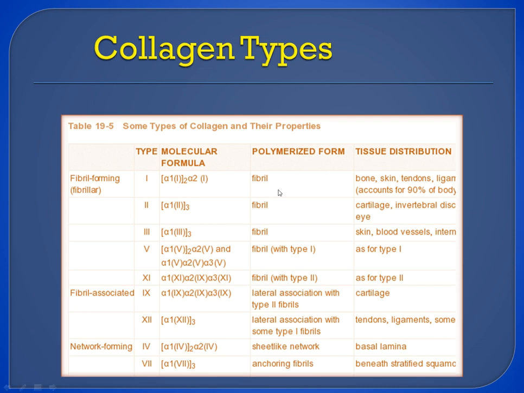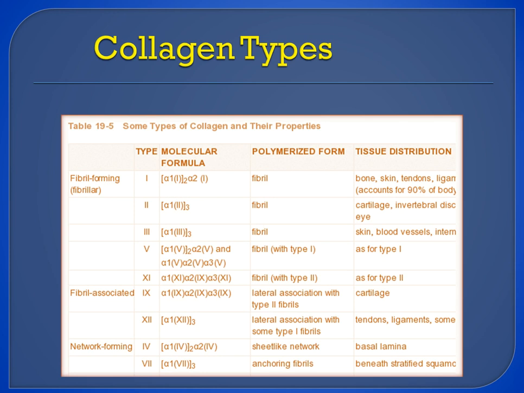Now we will look at the types of collagen. There are basically three types: fibril forming, fibril associated and network forming. In fibril forming collagen there are type 1, type 2, type 3, type 5 and type 11. Type 1 and type 5 are present in bone, skin, tendons, ligaments, and type 2 and type 11 are present in cartilage, intervertebral discs, eyes.